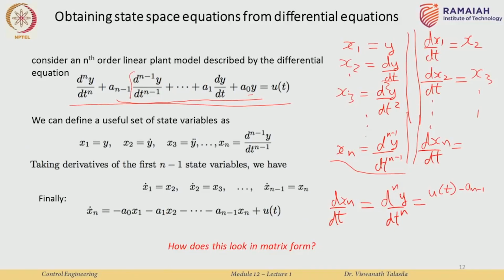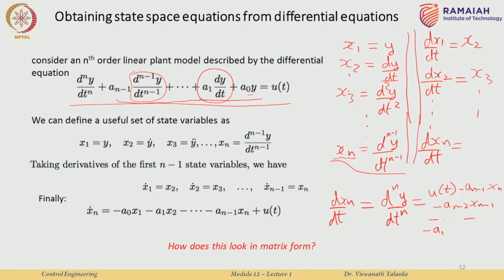Then what do I do with this expression over here? I replace it with xn. This particular term is nothing but xn. So, it becomes minus a_{n-1} xn, and in a similar way minus a_{n-2} x_{n-1}, and you can go on like this, and then you have this expression a1 dy/dt, which I take to the right hand side.